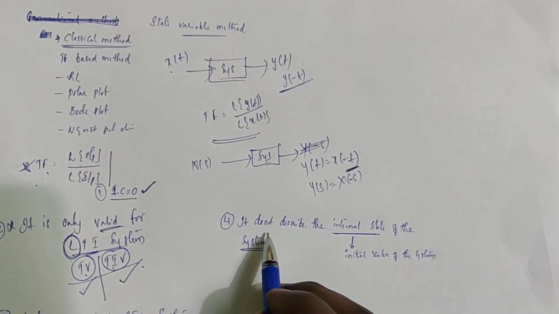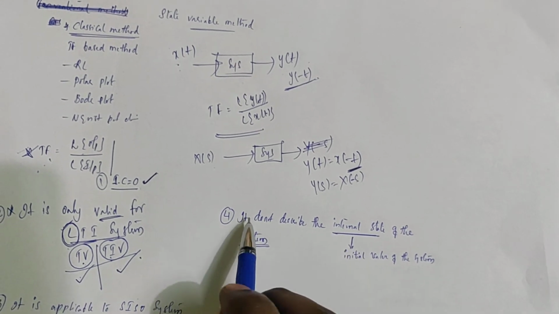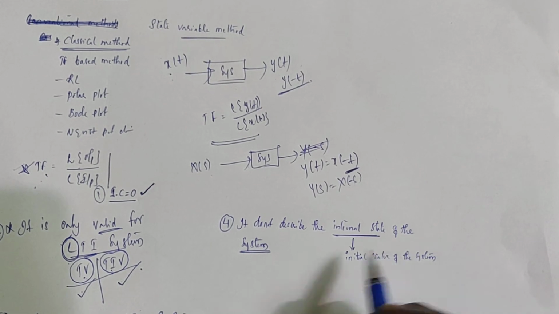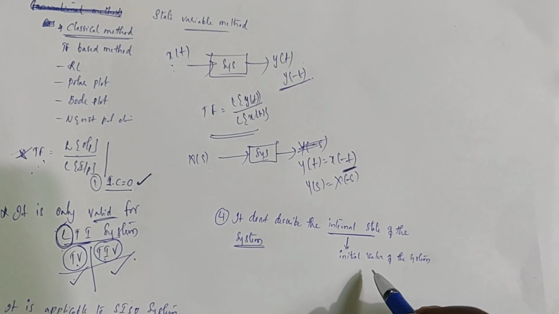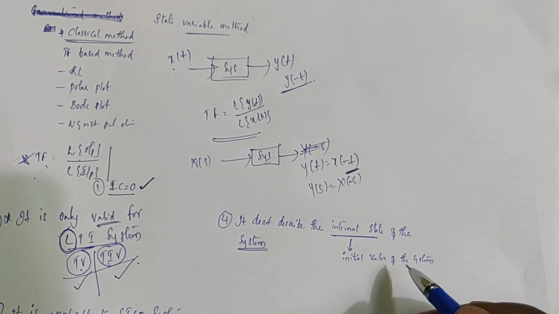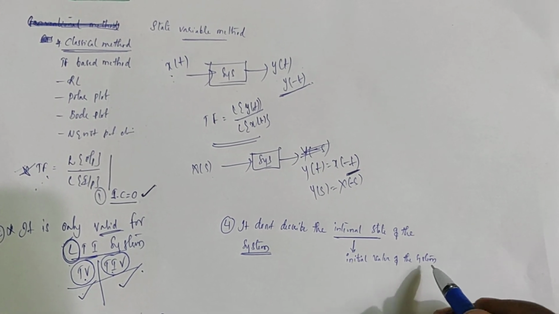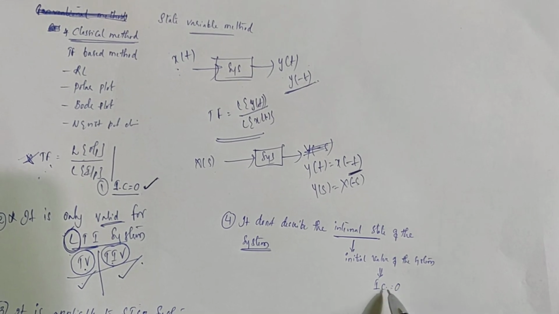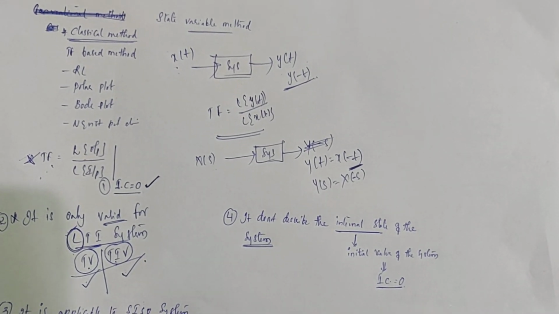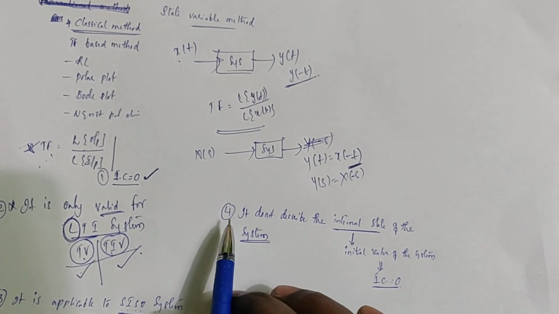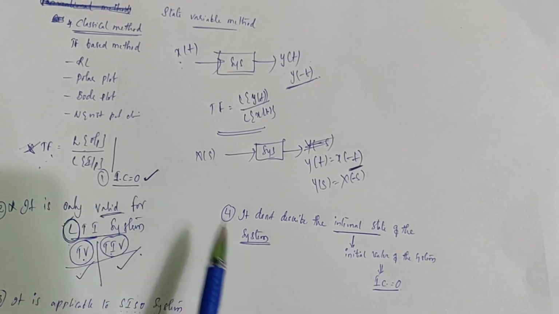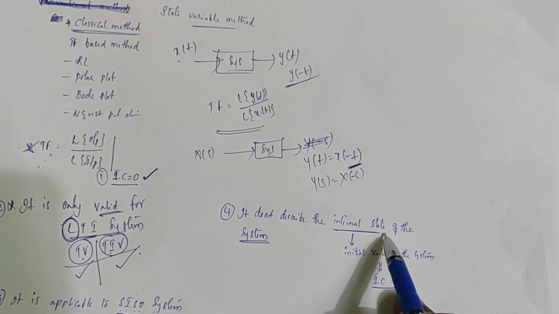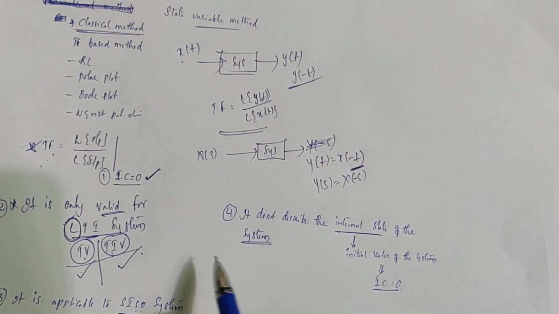We take the initial conditions as 0 in the transfer function technique, right? So that is one disadvantage. Yes, of course, this is almost similar to the first one: since initial conditions are not taken, we are not describing the internal state.